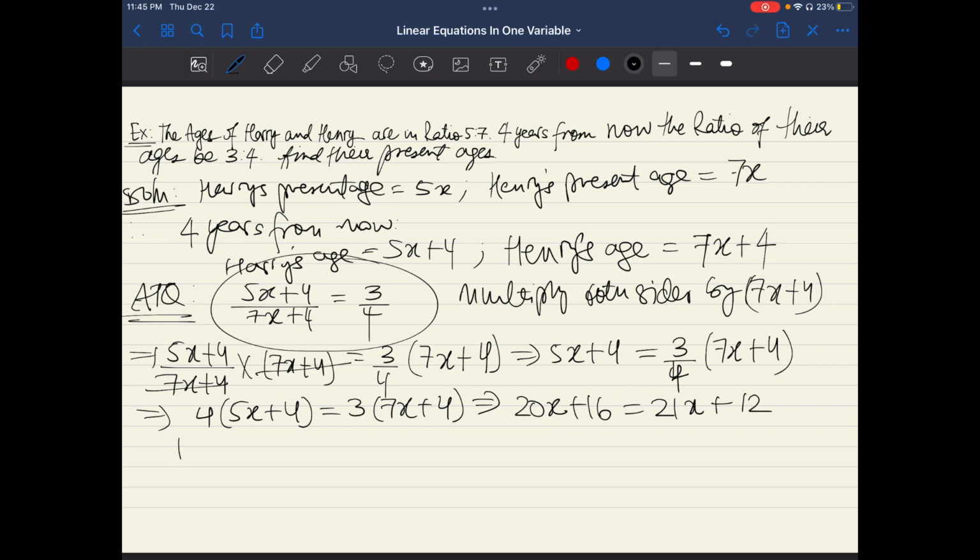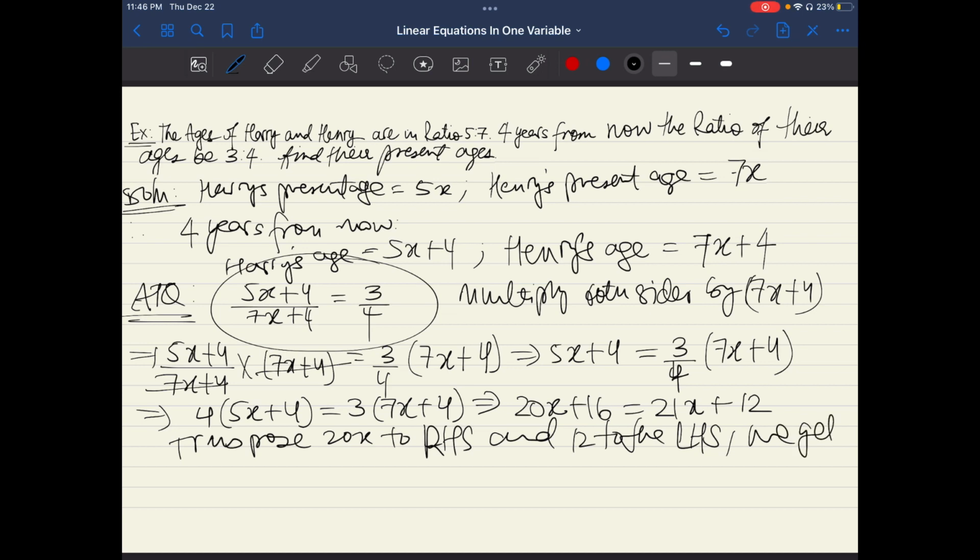And now transpose 20x to the RHS and 12 to the LHS. What do we get?